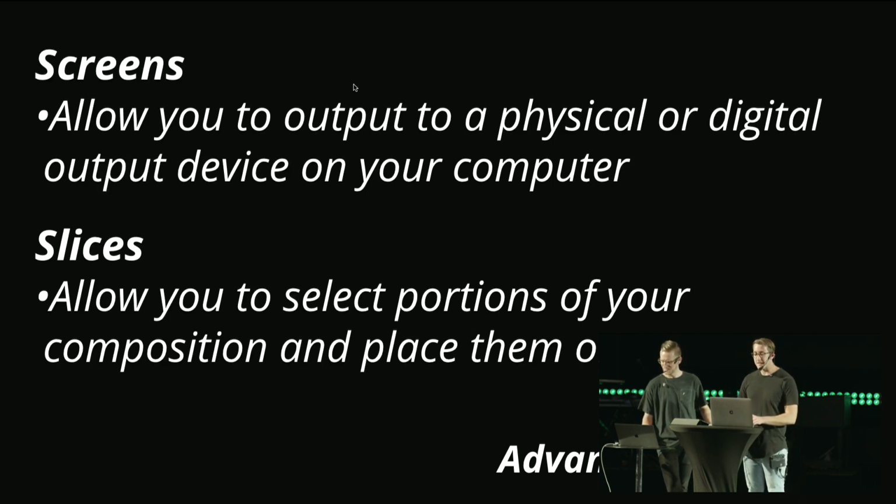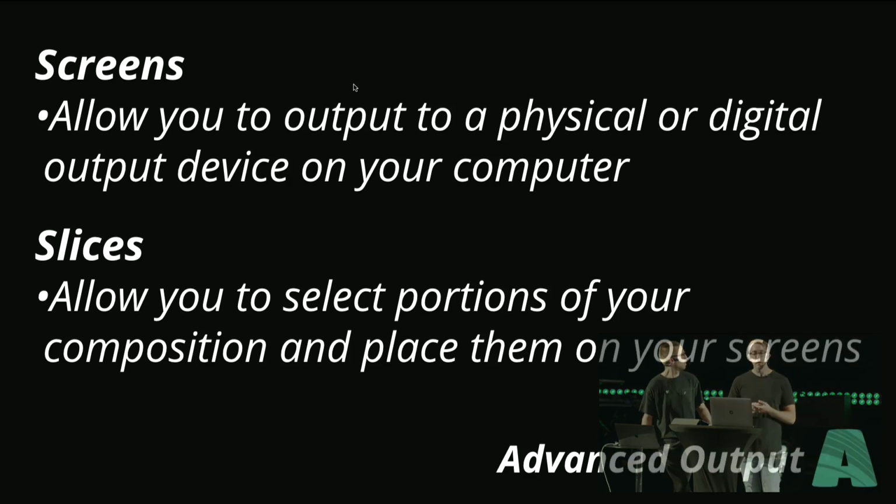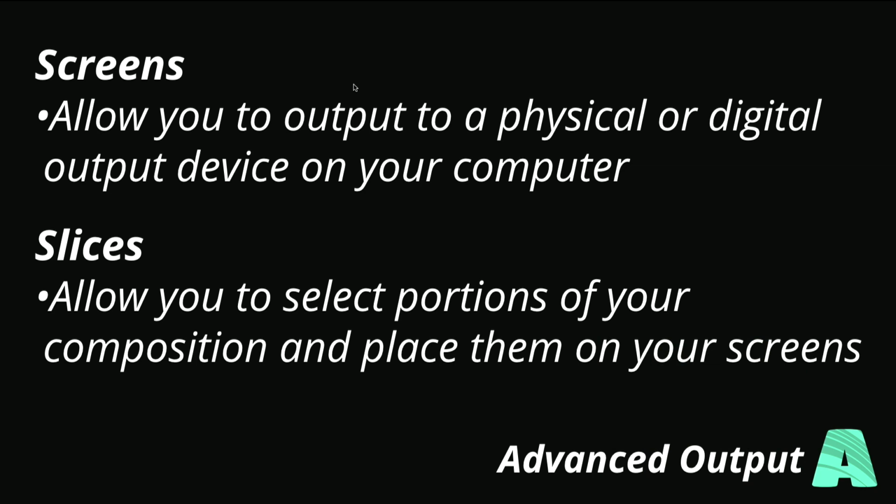So screens allow you to output to a physical or digital output device on your computer. If you have an HDMI cable plugged into your computer, you're going to use a screen to output to that. A slice is going to allow you to select portions of your composition and place them on your screens. So say we don't want our entire composition, not all the layers, to output to a screen.